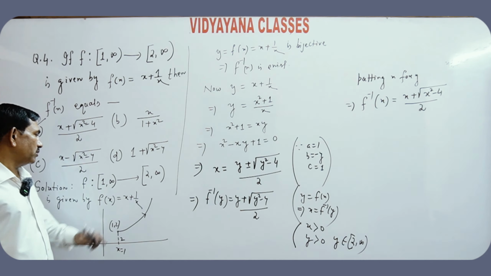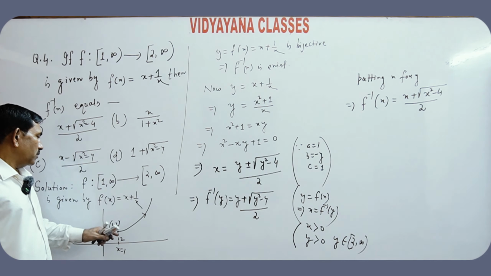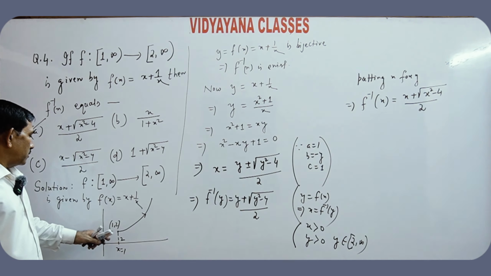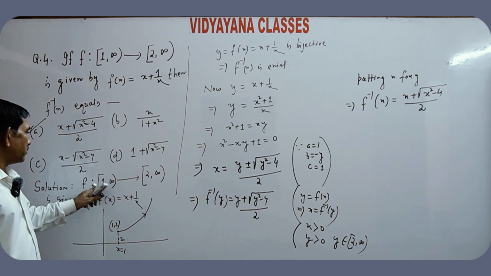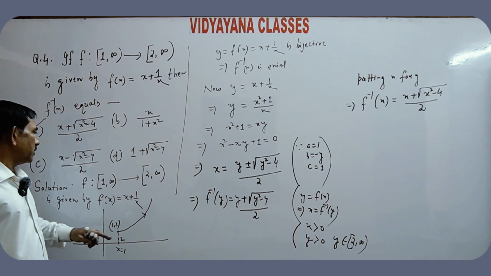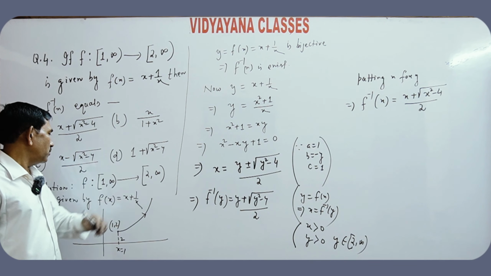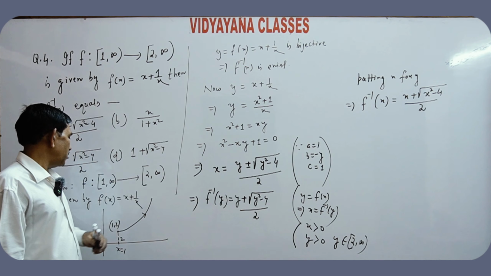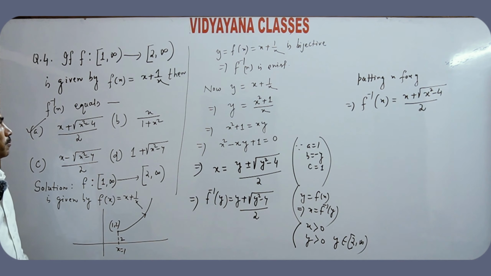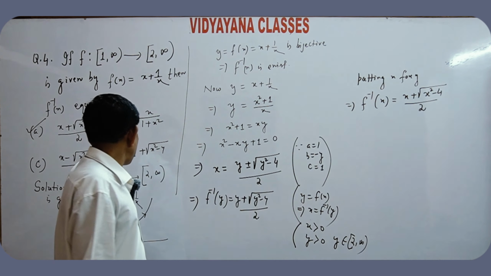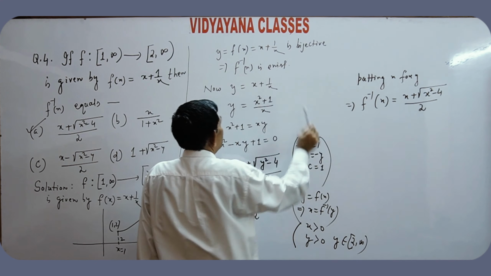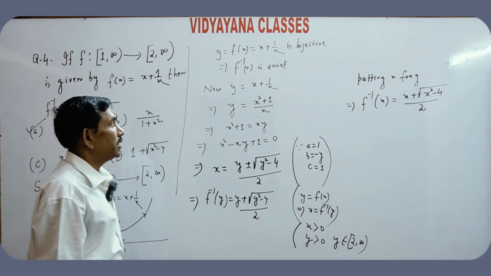The function is monotonically increasing. When x varies in [1, infinity), y varies in [2, infinity). So the function is bijective, that means f inverse exists.